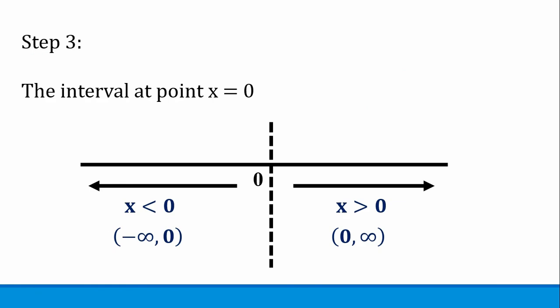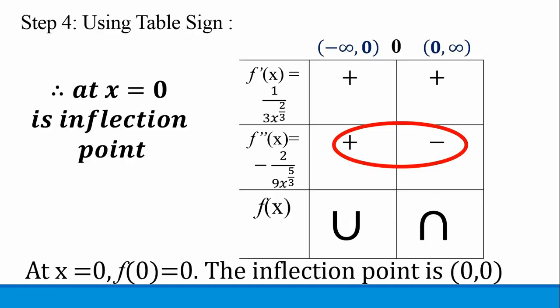For the third step, we find the intervals. Less than 0, it can be negative 1, negative 2, negative 3. And for this case, it can be either 1, 2, 3. For the sign table, this is the formula for f prime x, and this is for f double prime x.